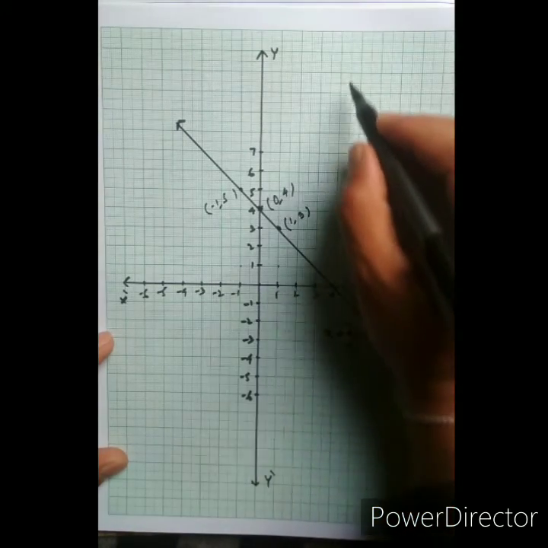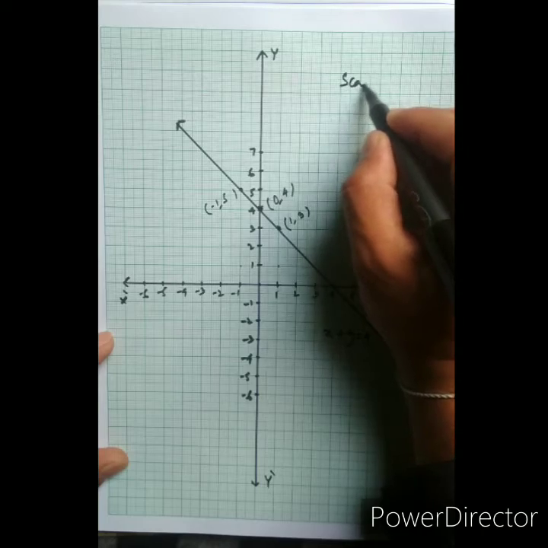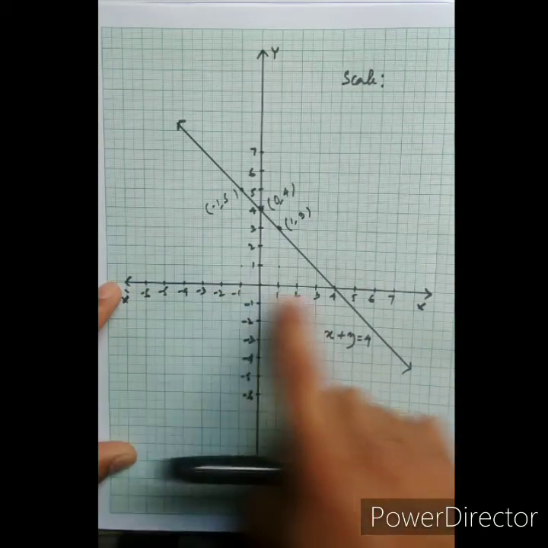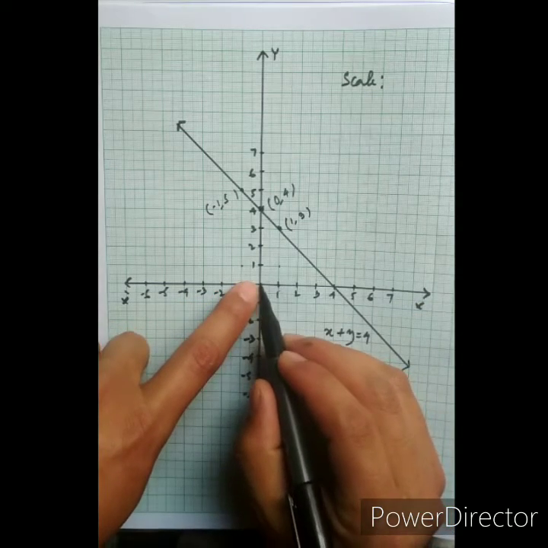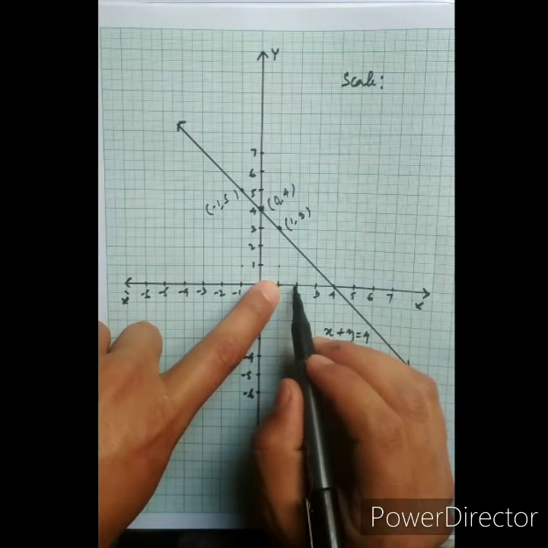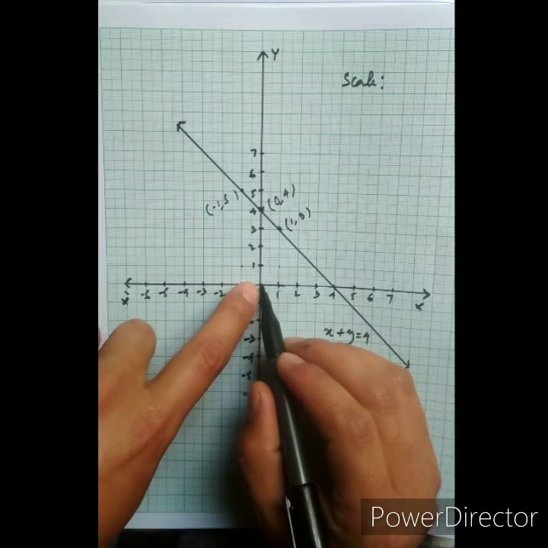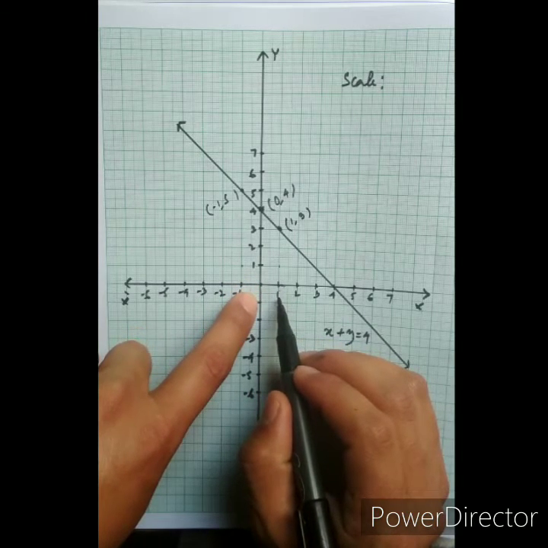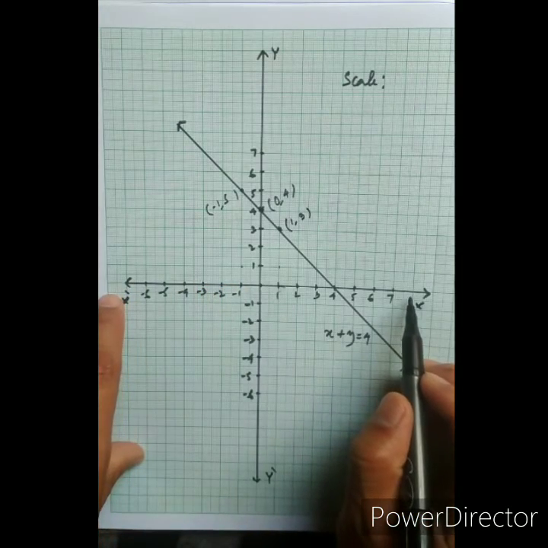So don't forget, whenever we draw the graph, never forget to mention the scale. So this is the x-axis. From here to here is 1 centimeter, then again 1 centimeter, again 1 centimeter. So this 1 centimeter I have taken as how many units? 1 unit. This is along the x-axis.